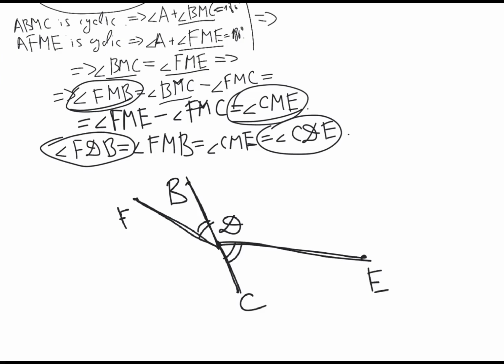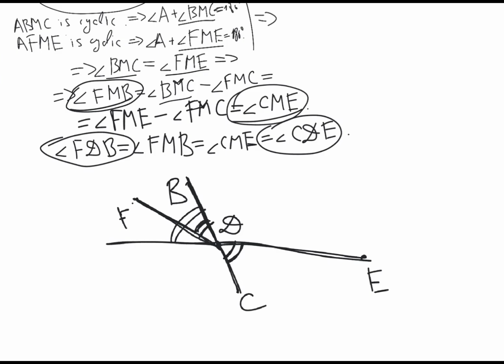This immediately proves that F, D and E lie on the same line, because if we extend this way, this angle would be equal to this, and now we have two angles with the same side, so this angle is equal to this angle.